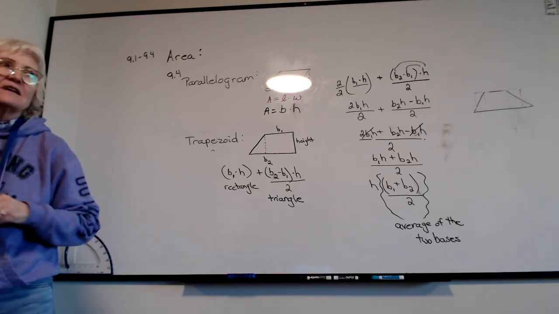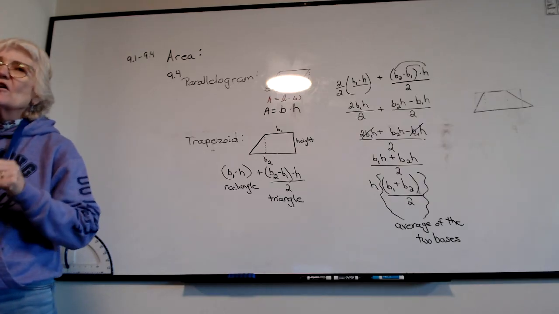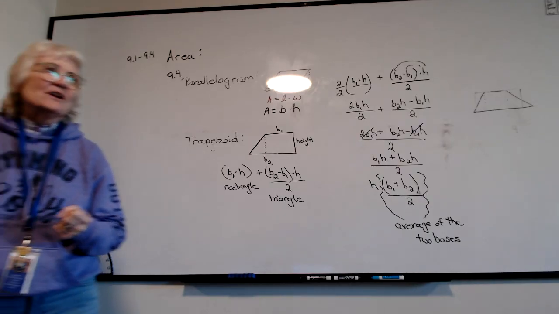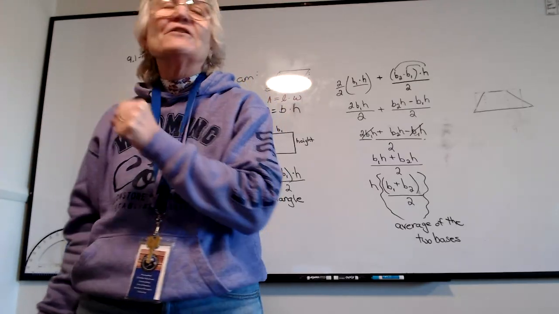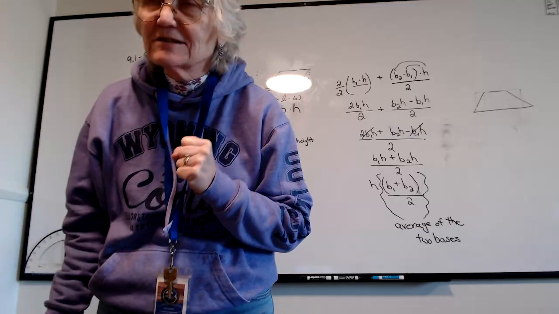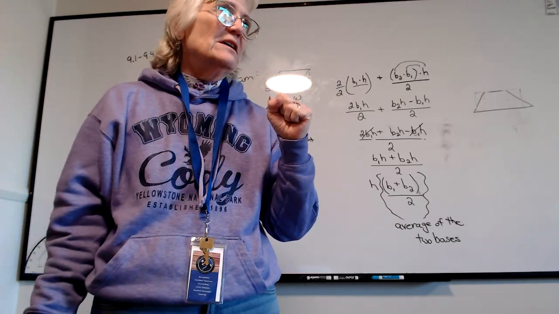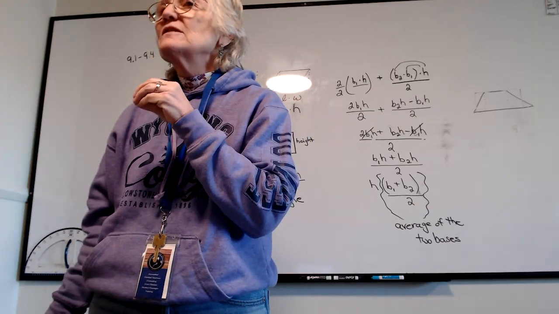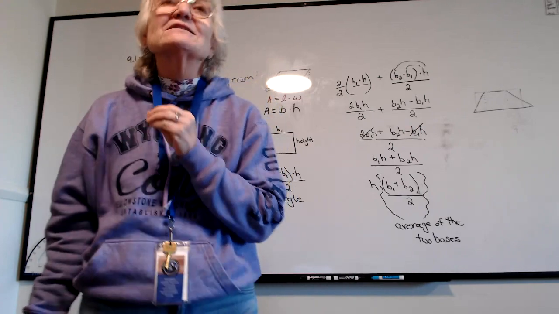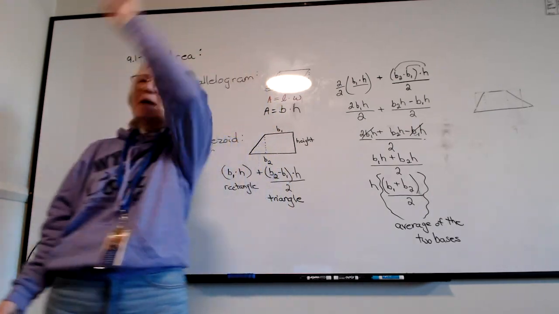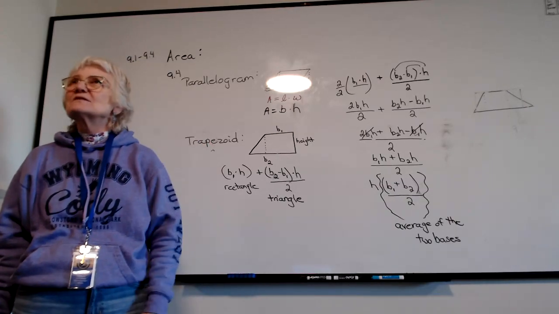Also, all polygons can have their area measured by using triangles. But a triangle is part of a rectangle. So really it's all back to rectangles again. That's the key to most of this.